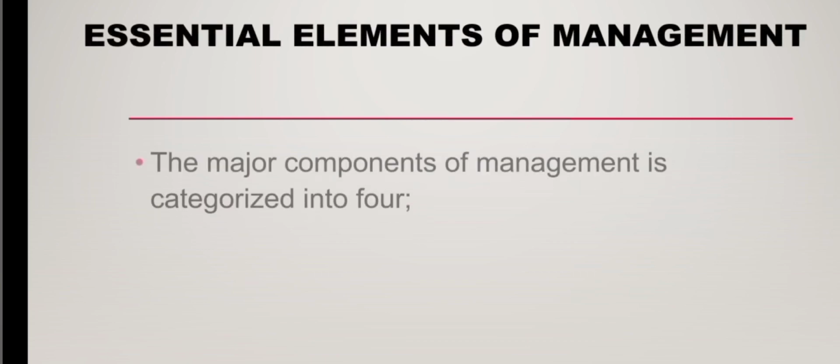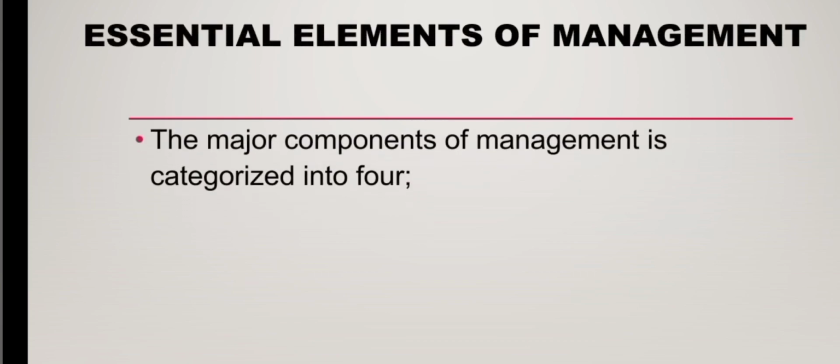When we talk about the essential elements of management or the functions of management, what do we mean? We are talking about management in practice, so putting management into practice in its practical sense. What does it involve? There are four major components or functions of management.